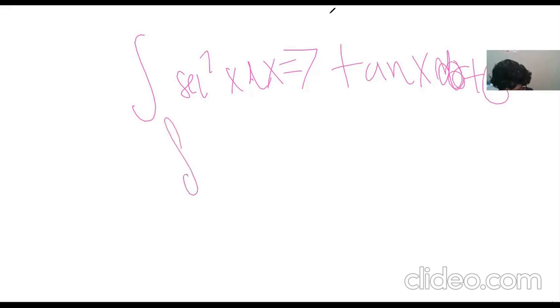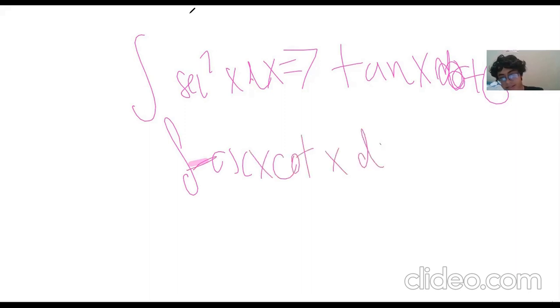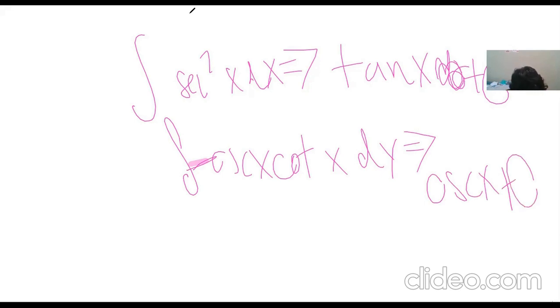What about cosecant x dx? We don't know this one. Again, I made the mistake. But if it's negative cosecant x cotan x dx, you're going to be using cosecant x plus c, right?